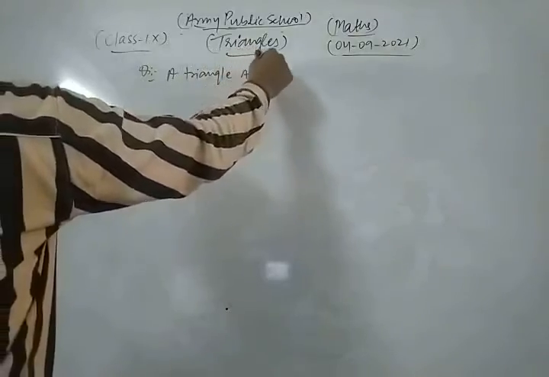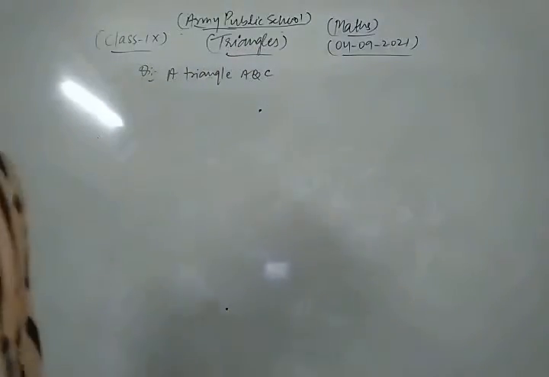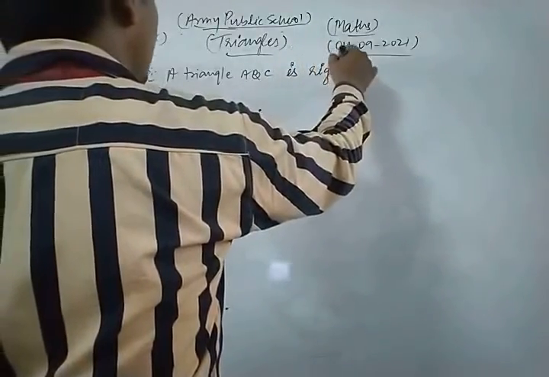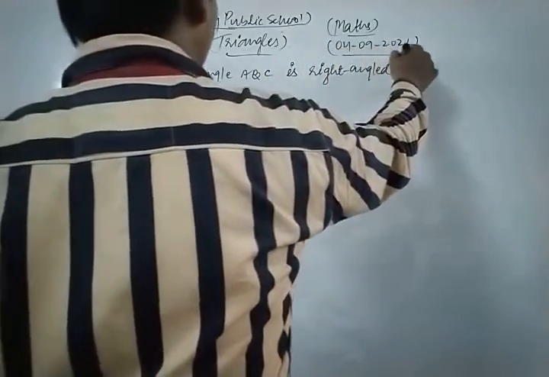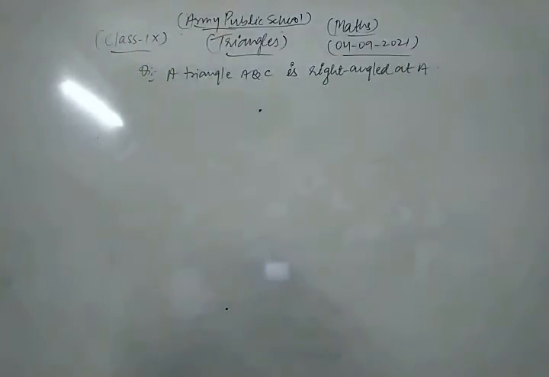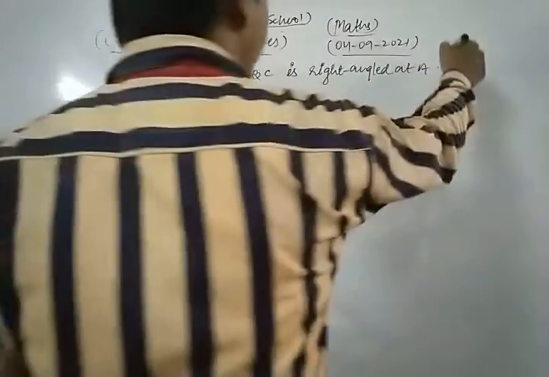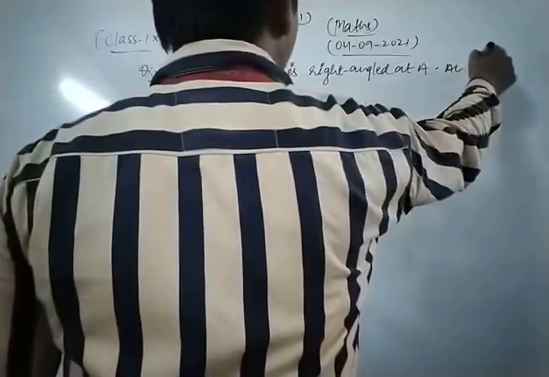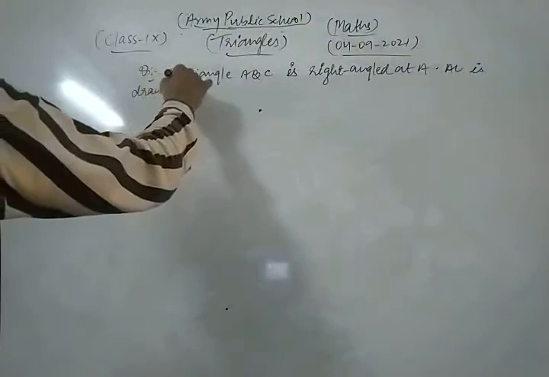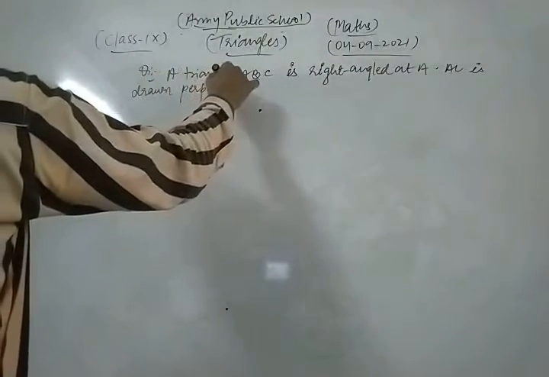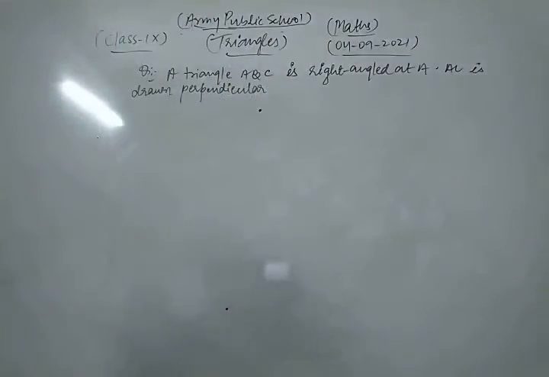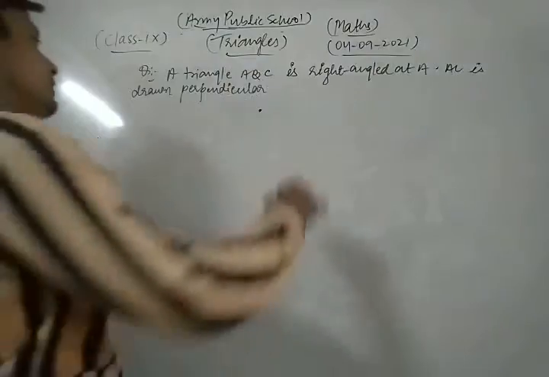A triangle ABC is right angled at A. AL is drawn perpendicular to BC.